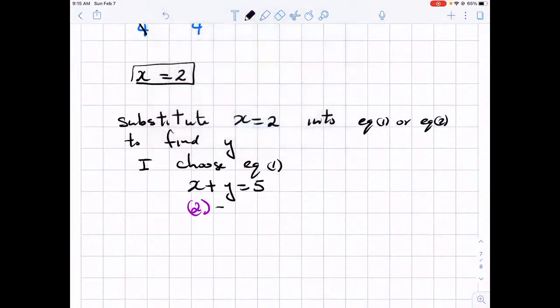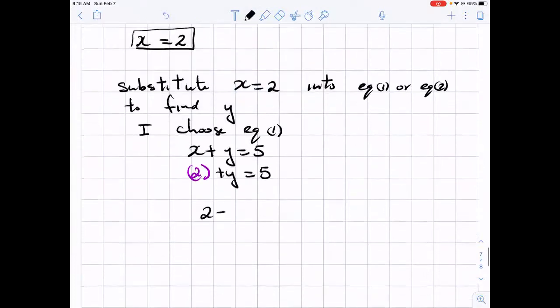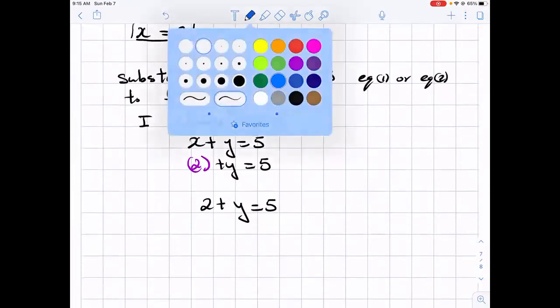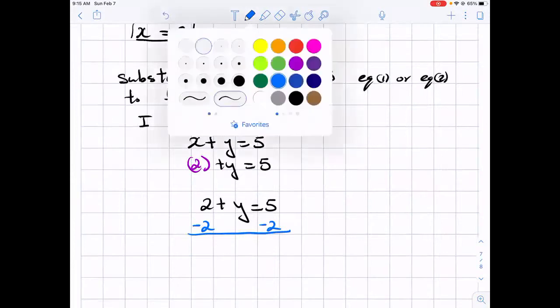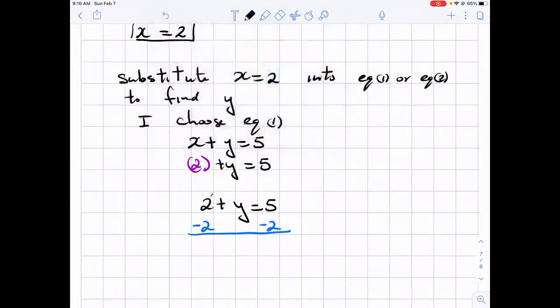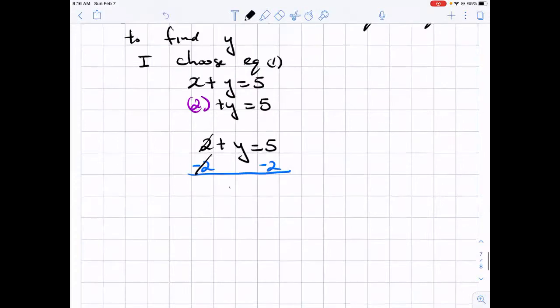So 2 plus y is equal to 5. And then I will minus 2 on both sides. And if I do this, the plus 2 and a minus 2 will cancel. So y is equal to 3. Okay? Y is 3.